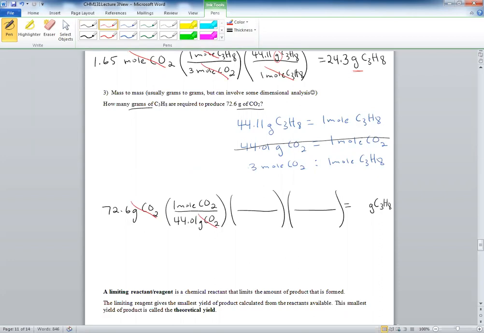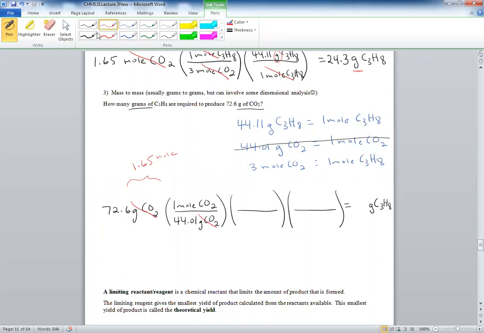Now, if you have a calculator, what you should be doing now is take that 72.6 and divide by the 44.01 because it's in the denominator. If you do that, you actually get 1.65 moles. So you're starting from there. So again, you achieved this by converting the grams to moles, which is basically what the previous problem started with.